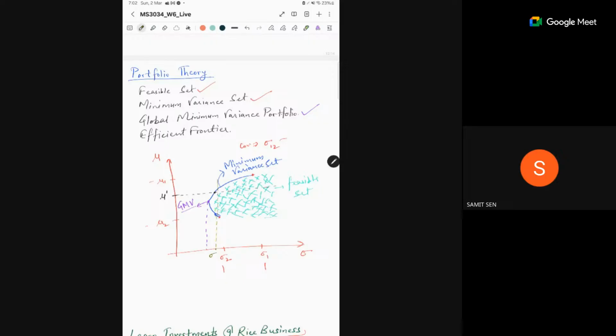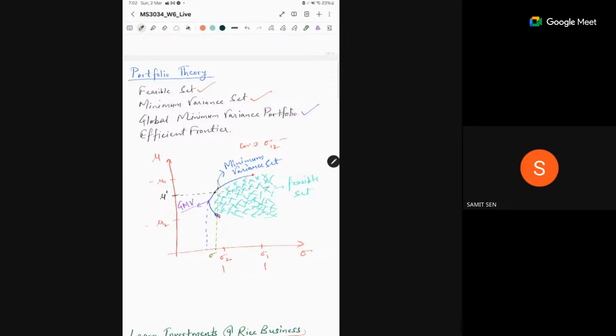Now, if you are a rational individual, then you would always choose this top portfolio in comparison to this bottom, because you prefer higher return to less return.